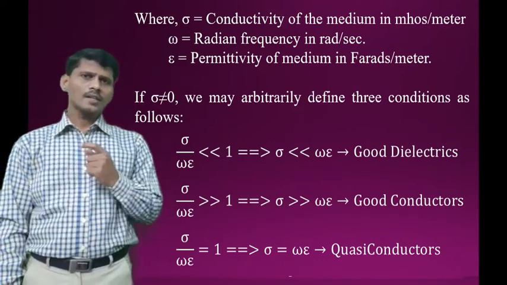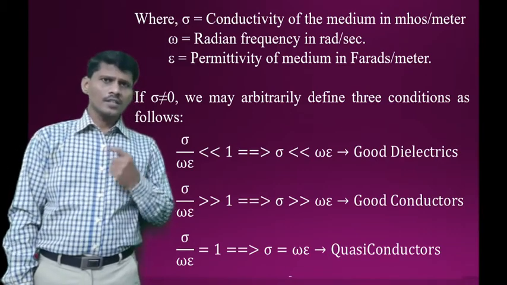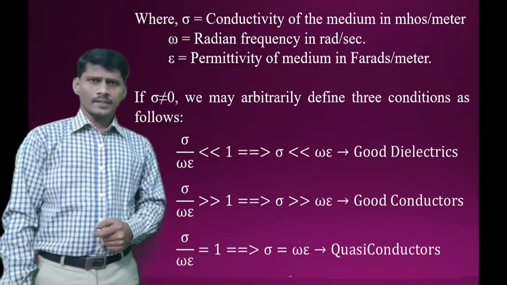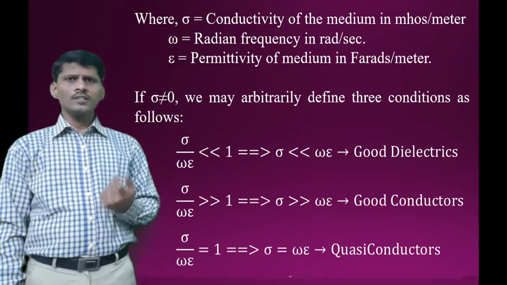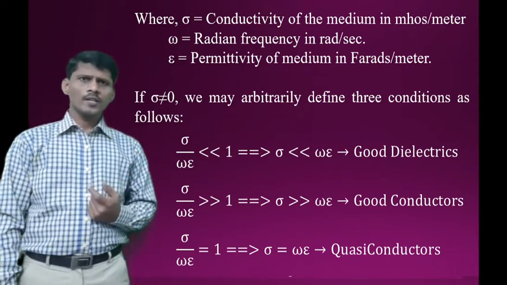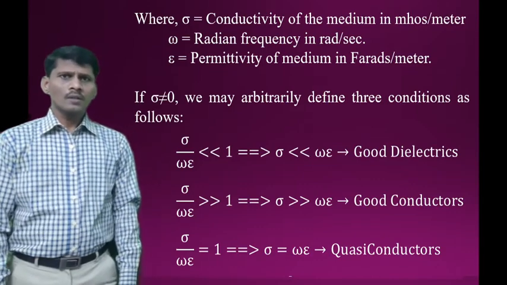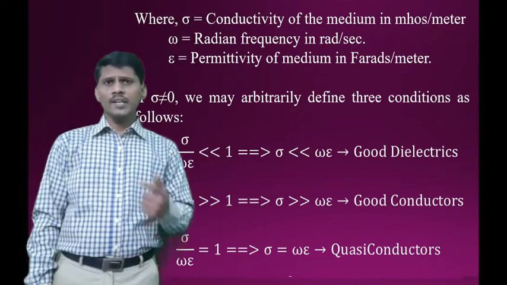If the conduction current density is very much greater than the displacement current density, this is the condition for good conducting materials. If the conduction current density is equal to the displacement current density, then it is known as a quasi-conductor. So this is the concept of conductors and dielectrics in electromagnetics.